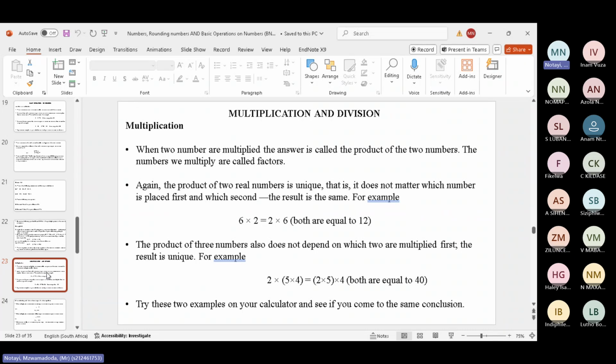The result is always the same. For example, and also feel free to use a calculator to confirm these as well, 6 multiplied by 2 is the same as 2 multiplied by 6. So these will give you 12. The product of three numbers also does not depend on which two are multiplied first.